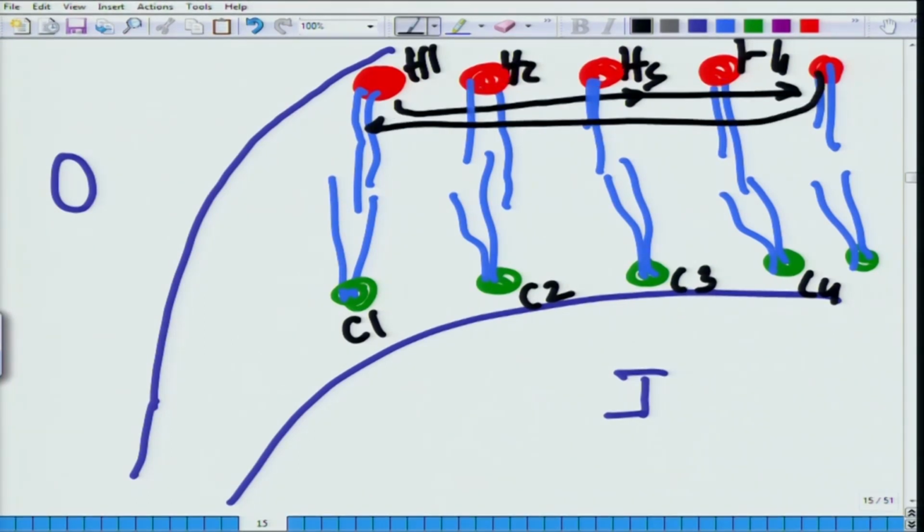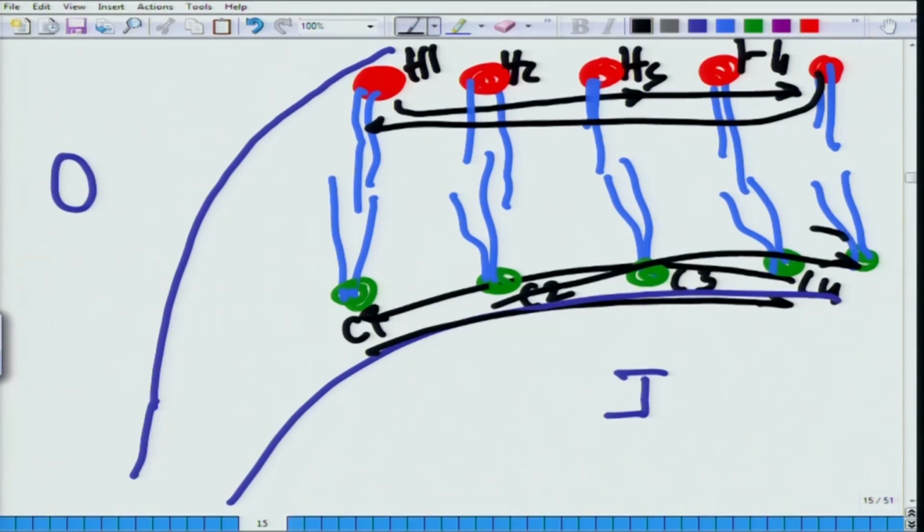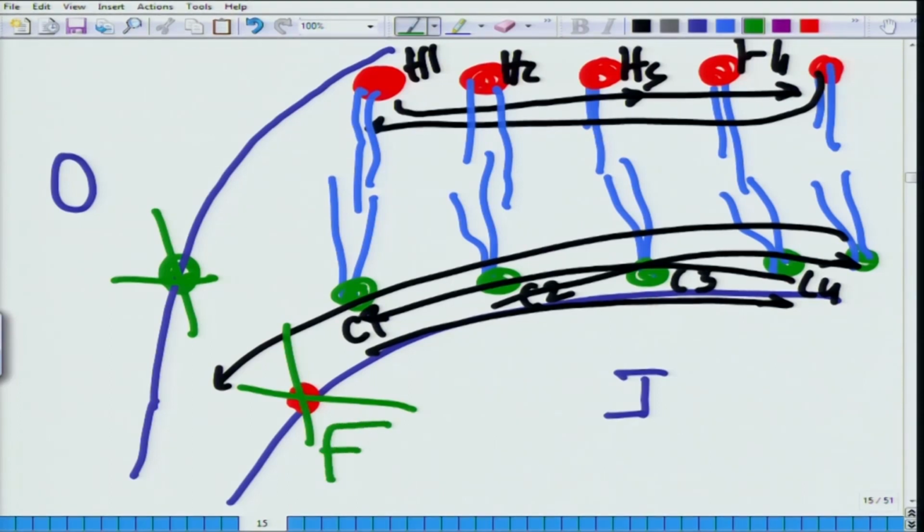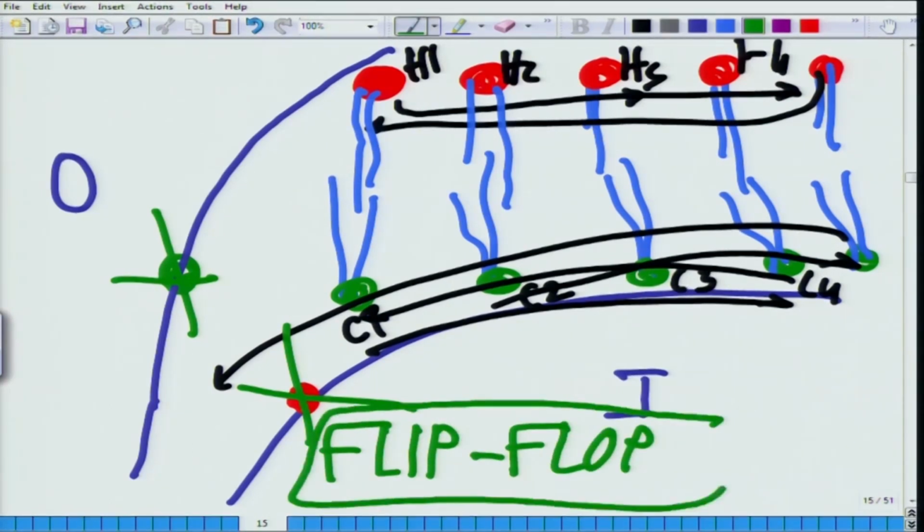Same way C1 can move here, C4 can come here, C2 can go there. But it is a very rare situation when you will see a red facing inside and a green facing outside. This is really tough, and this kind of movement is called a flip-flop.